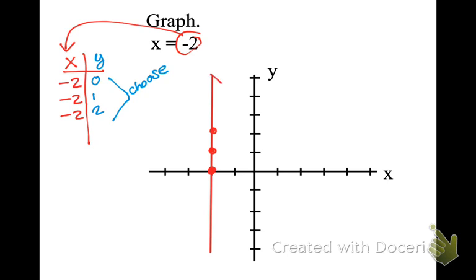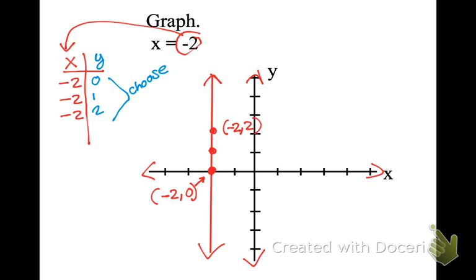Connect the dots, arrows, and then I have to label 2 points. This one is -2, 0, and this one right here is -2, 2.